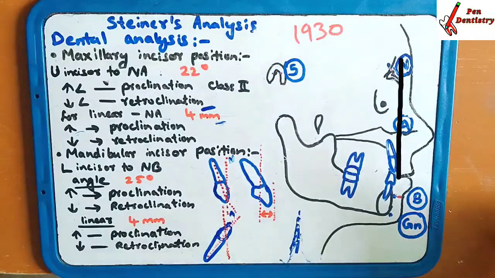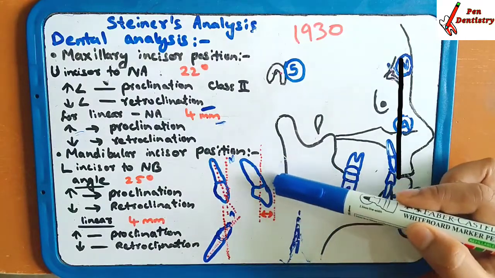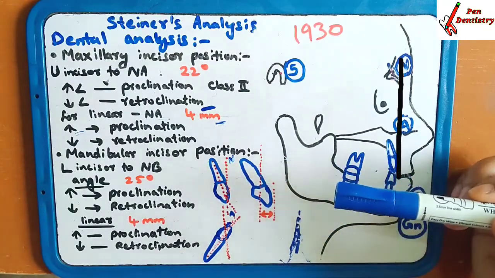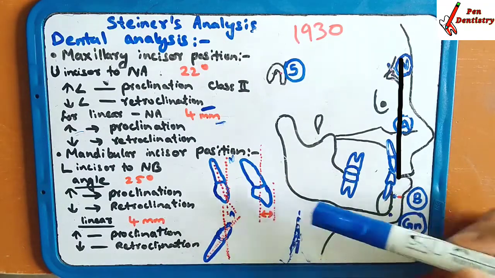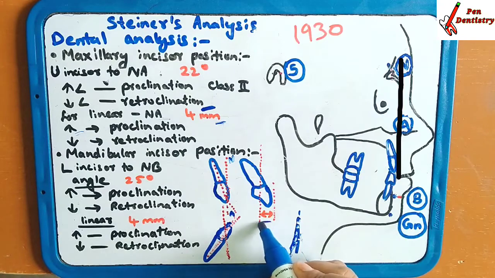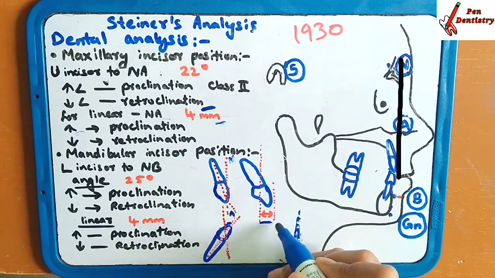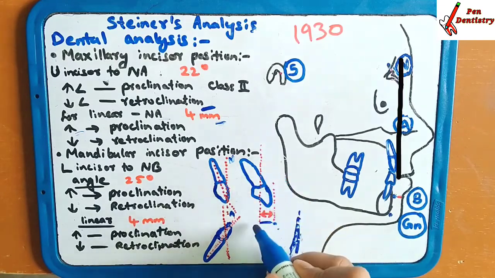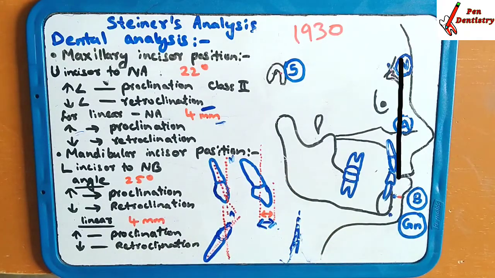It is a linear measurement between the labial surface of the upper central incisor and the line joining NA. Okay, and the mean value is 4 mm. This is the linear incisor position.